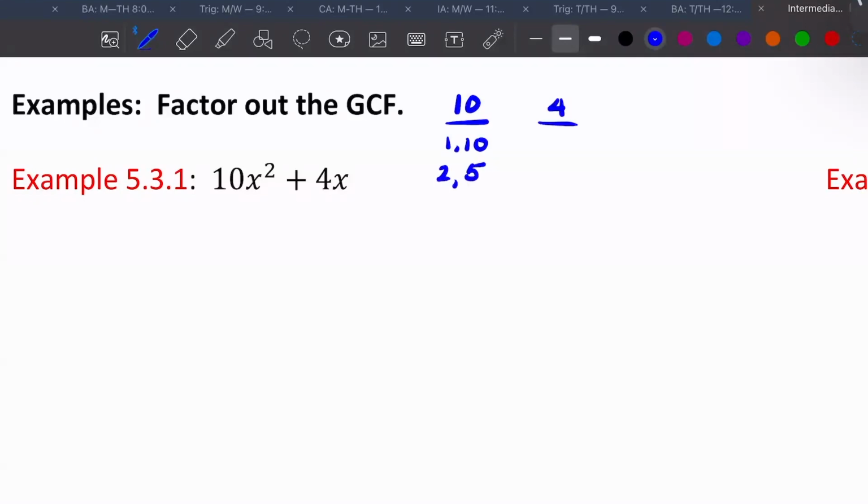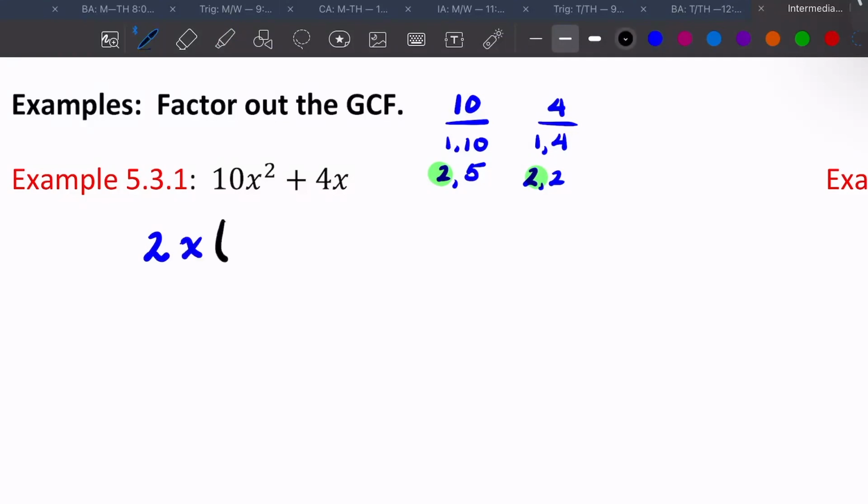Factors of 4 are 1 and 4, 2 and 2, right? And the only one that they have in common is 2. That's the biggest one. They have 1 in common, but 2 is bigger than 1. So we can take out a 2. And then when it comes to your variables, you're going to take out the smallest exponent. So we have x squared and x, so we're going to take out x.